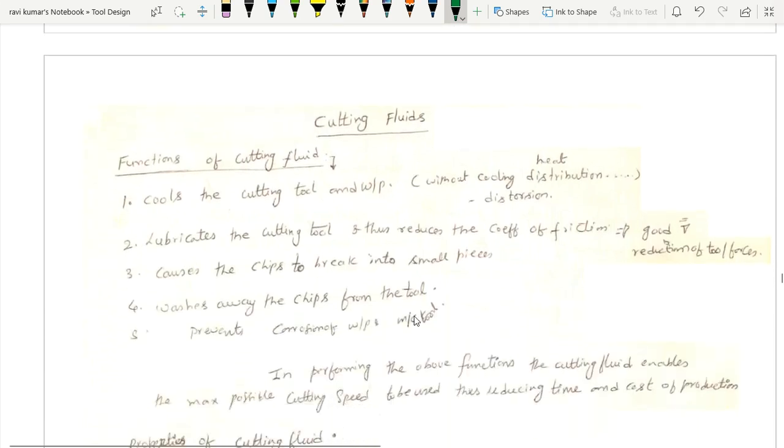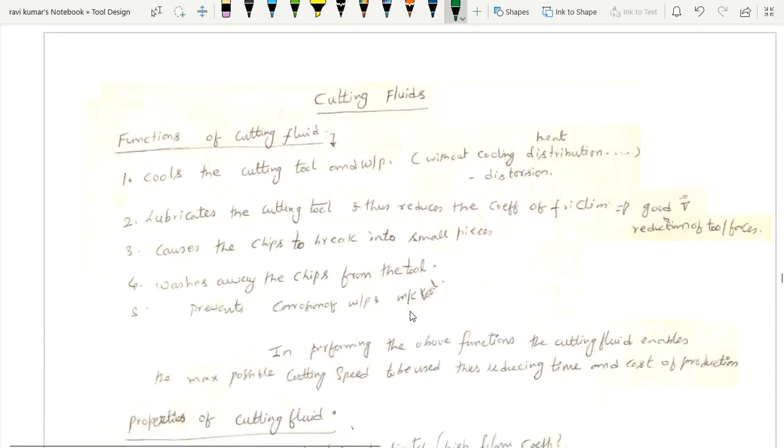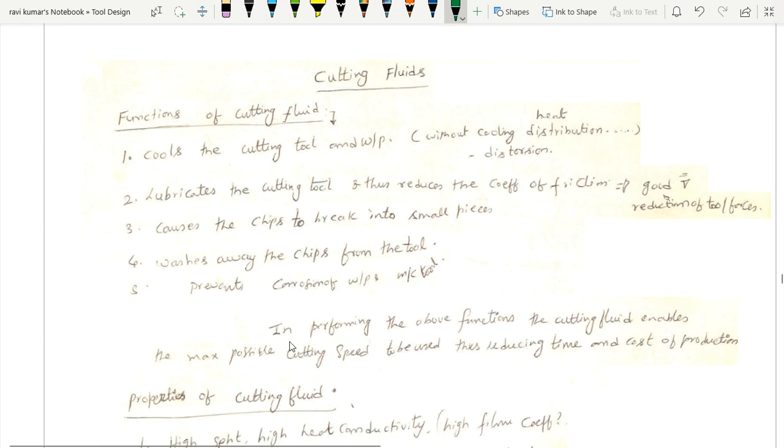Next, we shall talk about the cutting fluids. What are these cutting fluids? Cutting fluids are the medium which are being applied on the work material or into the chip tool interface or into the cutting region so as to have some advantages. So what are the advantages or what are the functions?